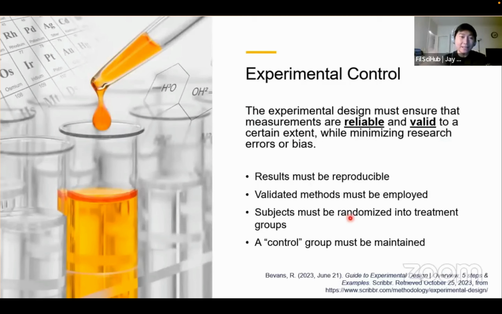So parang ang ganda-ganda nung discussion, but then nakita nung reviewer at examiner, wala kang control. So ulit tayo. So that's why it's really important that we devote an ample amount of time towards the development of a sound experimental design, kasi nga po we may suffer in the end.